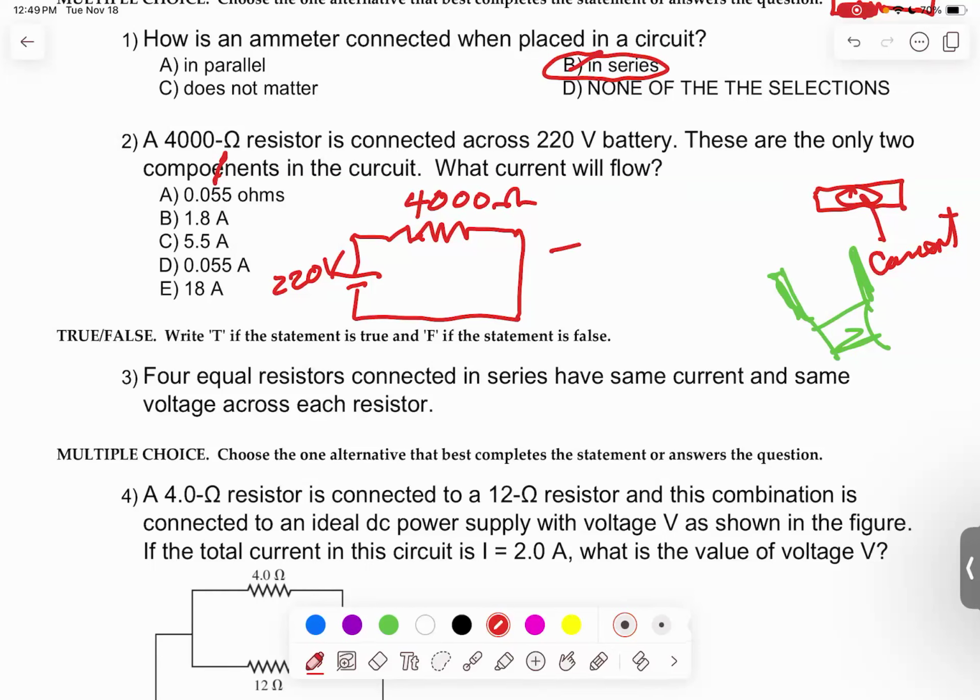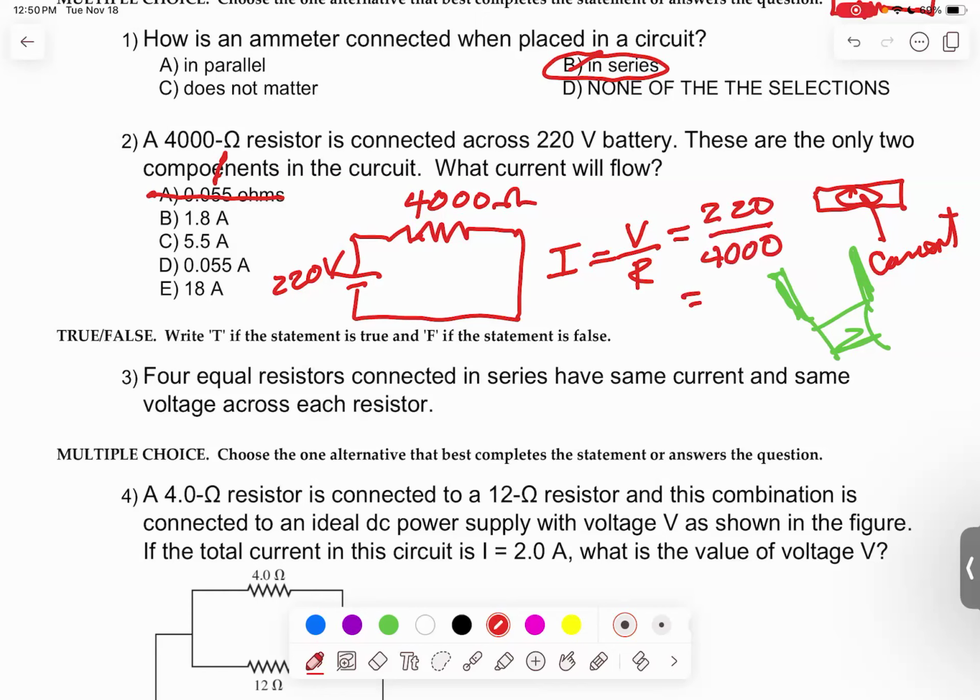So current is based off of Ohm's law. In this case, the current is going to be the voltage divided by the resistance. And we would simply take the 220 volts and divide it by the 4,000 ohms, and we would get something in terms of amps. So we should realize first off that this could not be the right answer.